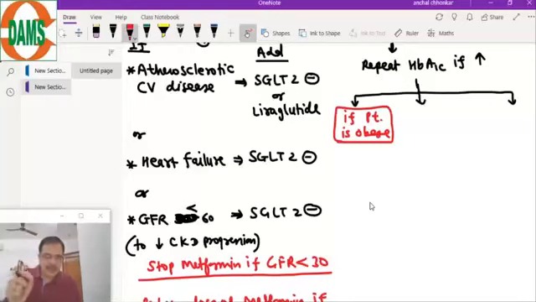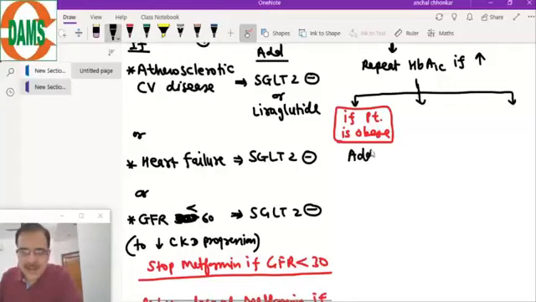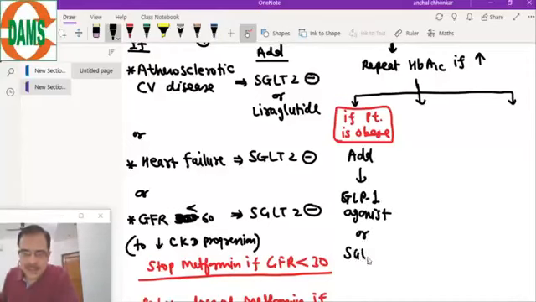So if a patient is obese and HbA1c is high, in that case we will add those drugs which will lead to weight reduction, and those agents are GLP-1 agonist or SGLT2 inhibitor.